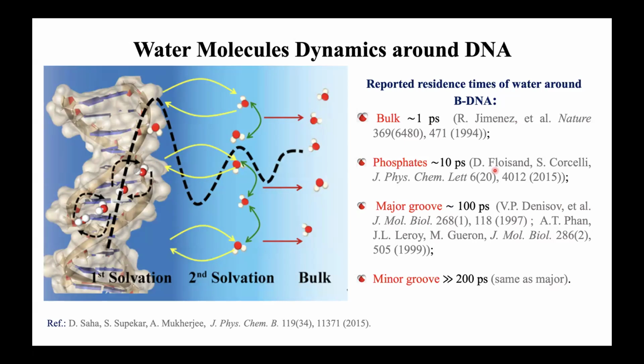This is a very nice figure which shows that the hydration shell is a very dynamic formation, and water molecules can change their position within one hydration shell, which is indicated by the black arrows, and they can also exchange between the different hydration shells around the DNA.